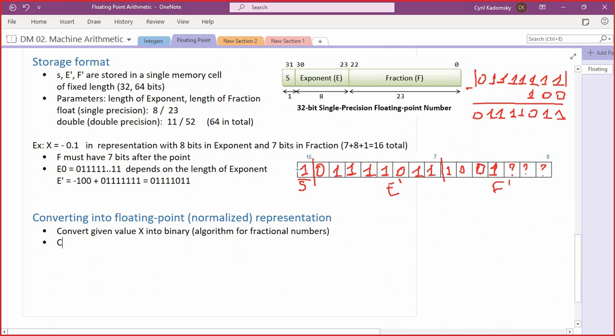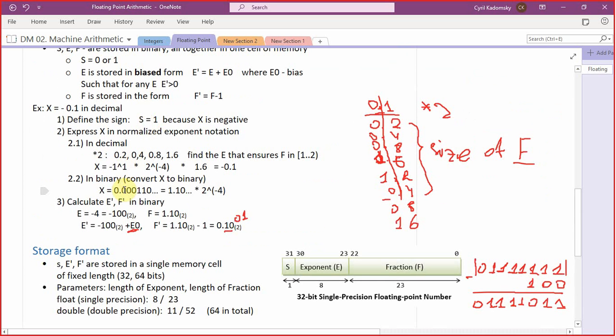Okay, so convert to normalized exponential form, where the dot will stand right after the first one, like here.